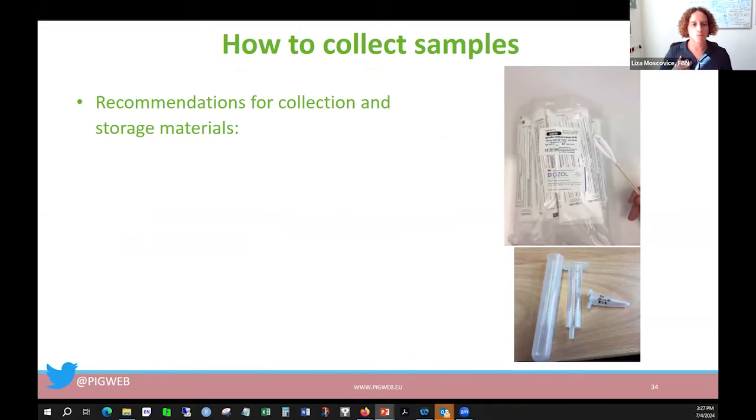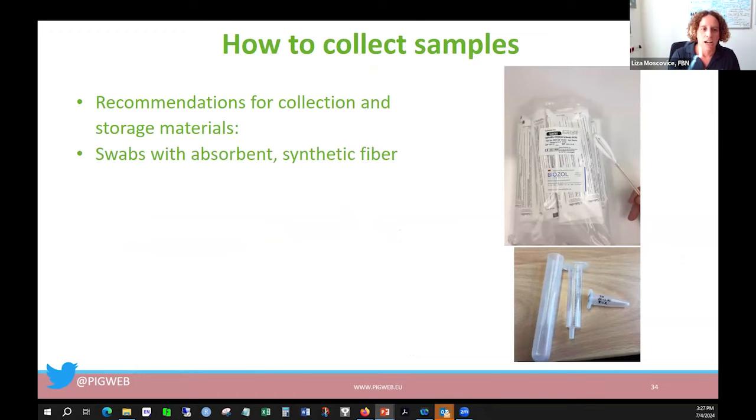Okay, so in terms of the actual materials to use for collection and also storage, I recommend using swabs that are actually made for saliva collection. We have a lot of these for infants and children, a lot of companies that are making swabs specifically for saliva collection that can be then used for animals. And these swabs should have a synthetic material.